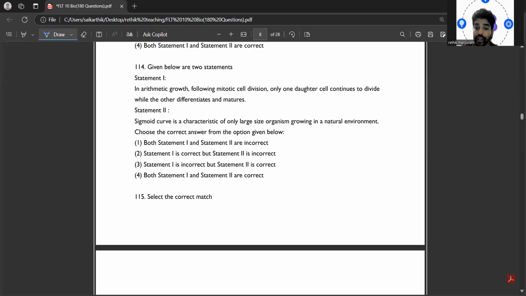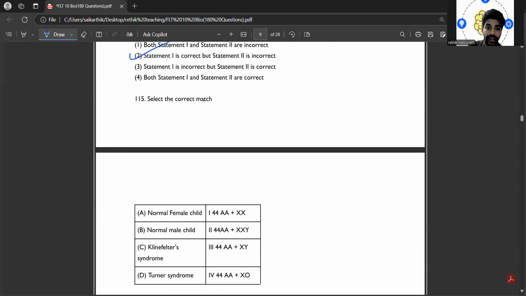But statement two says that the sigmoid curve is characteristic of only large size organisms, which is wrong. It is characteristic of all living organisms growing in the natural environment. So the second option will be the correct one.